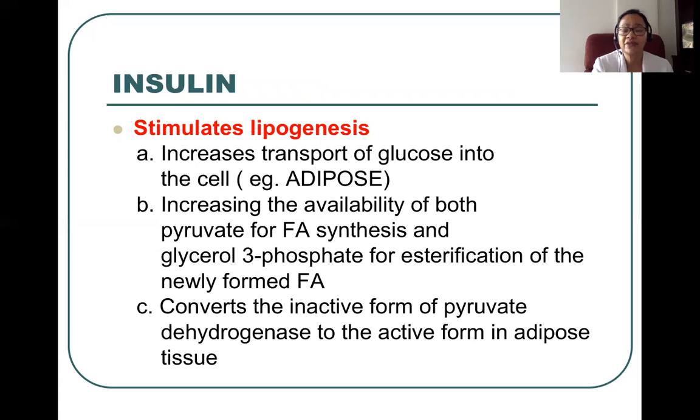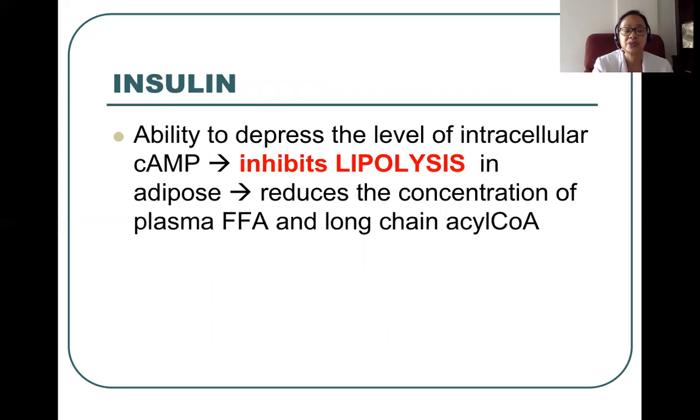So the glycerol 3-phosphate is the initial backbone in the triacylglycerol esterification. And also it converts the inactive form of pyruvate dehydrogenase to its active form in the adipose tissues.